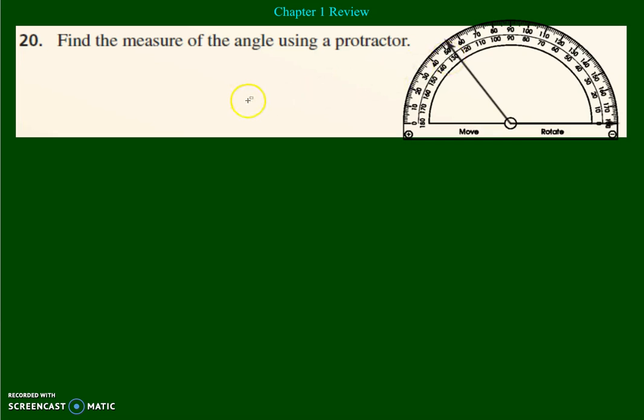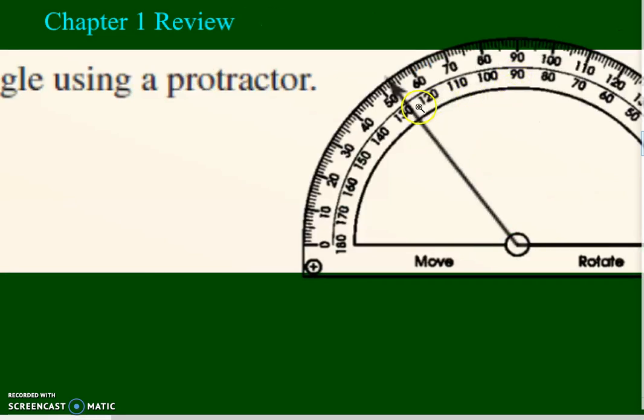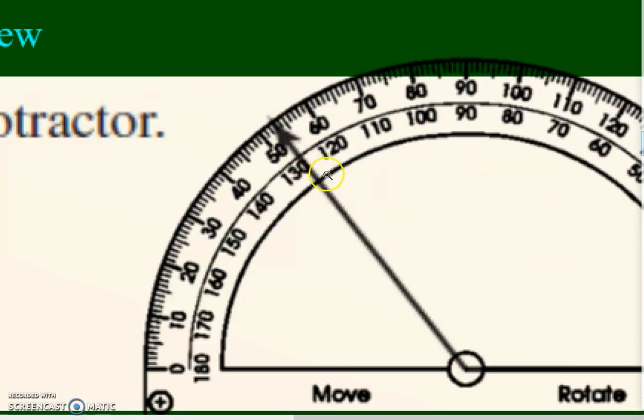So let's zoom in here a little bit and get a better view. It looks like we have 125, 126, looks like it's going to be about 127 degrees. So let's zoom back out.